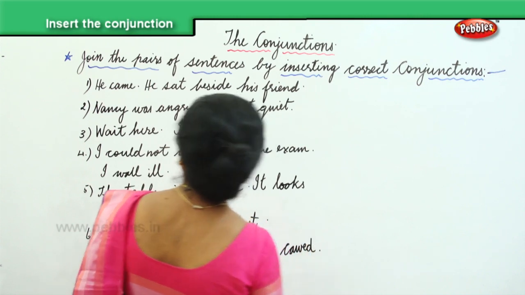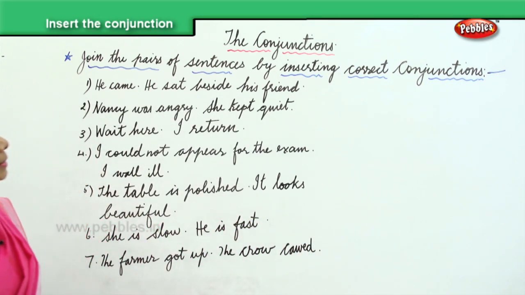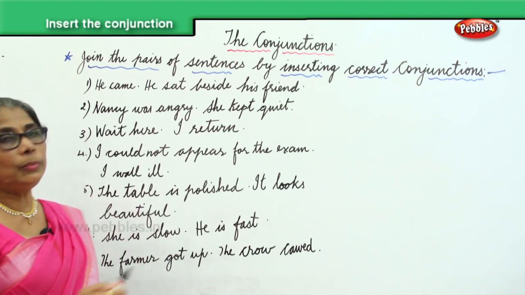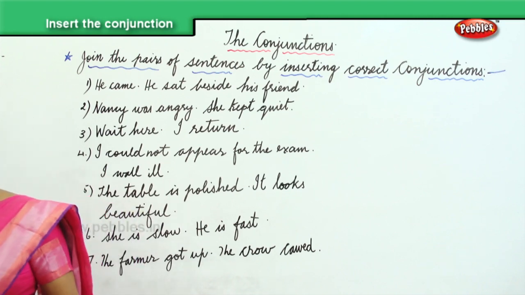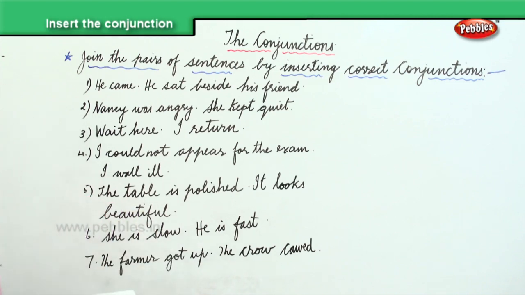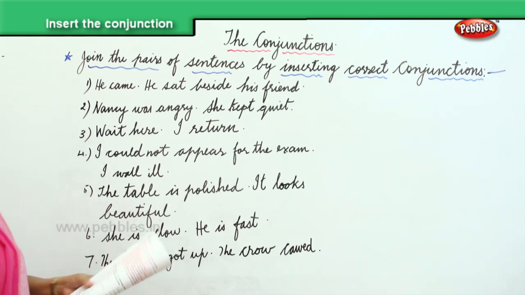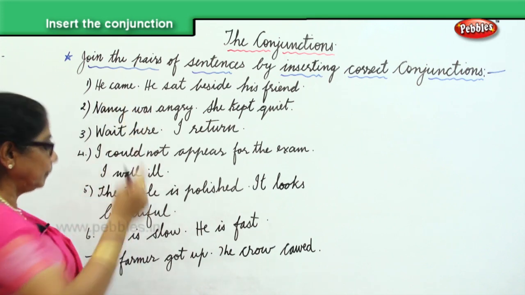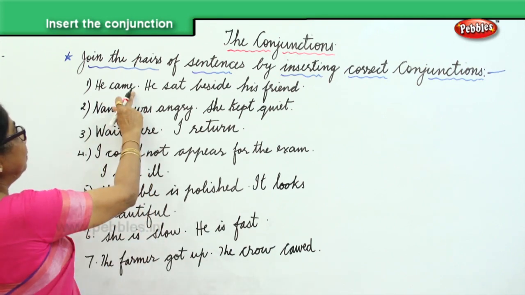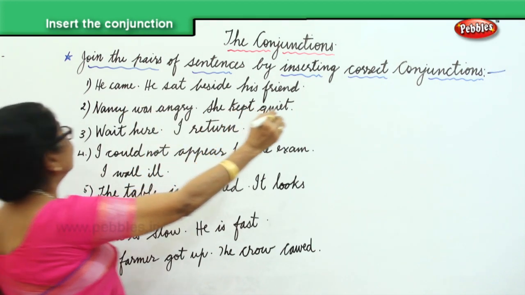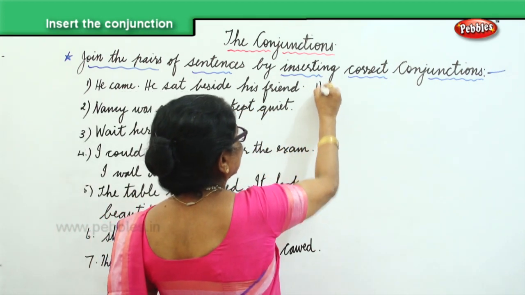Now let us join the pairs of sentences by inserting a conjunction while we join these. Okay, now what is the first one. He came. He sat beside his friend. So how will you join it?